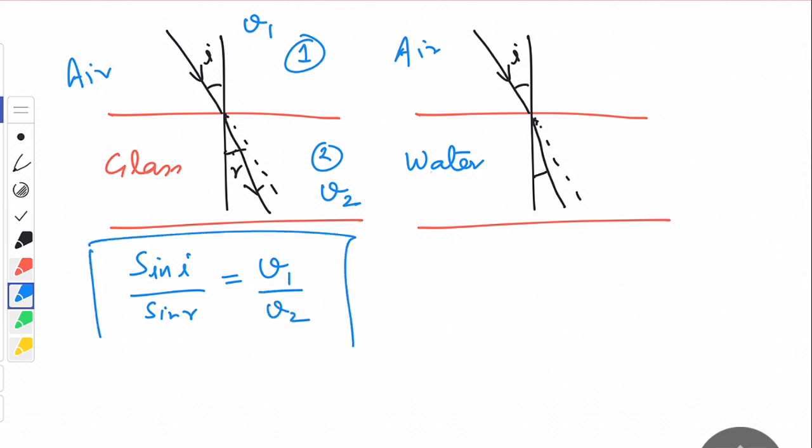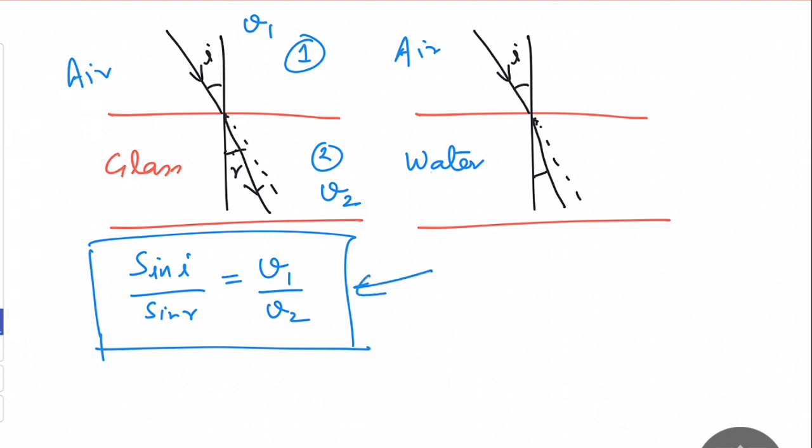We can find this experimentally, and we can show it in your class 11, but not right now. Remember, for a given medium, when you have air and glass, the speed of light in air is fixed, and the speed of light in glass is also fixed. So for a given set of media, this v1 upon v2 will be constant.